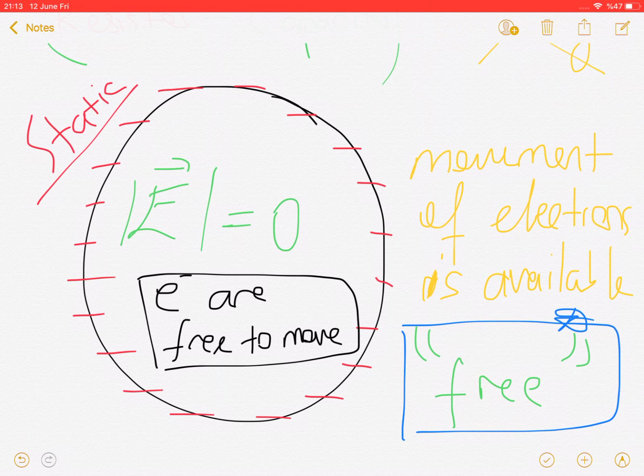Again, movement of electrons is available in a conductor. Because of this availability, the electric field inside the conductor is 0. Until the charges go to the surface, the electric field keeps decreasing, and when charges are near the surface or just on the surface, the electric field becomes 0. This is really important. This word, free: whenever you see free, you should remember this. Free is an important word.